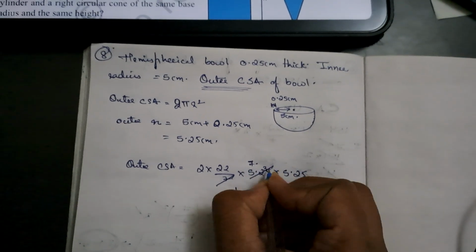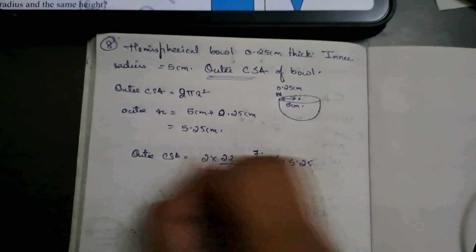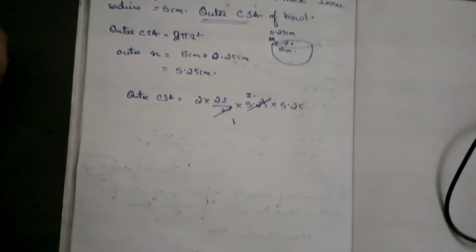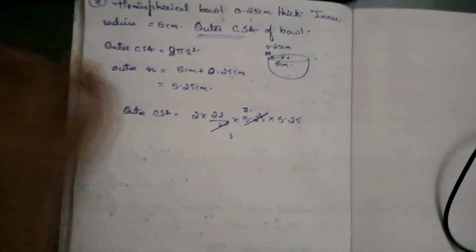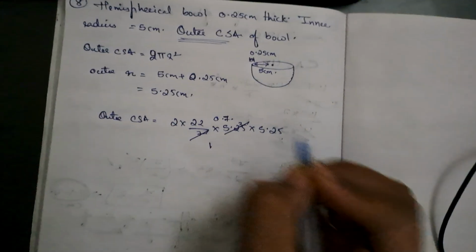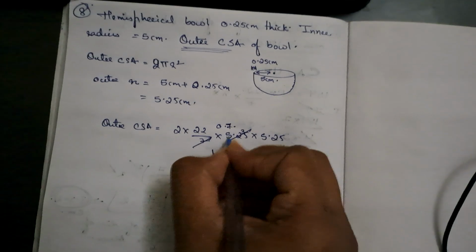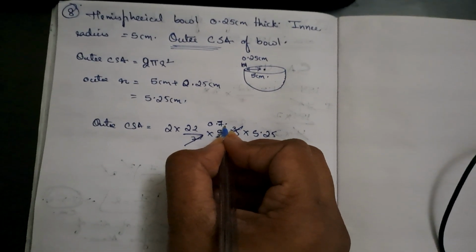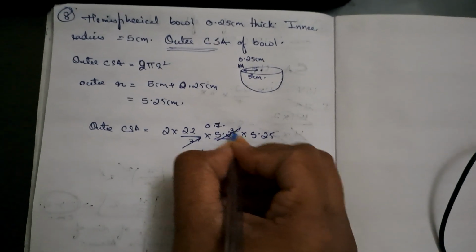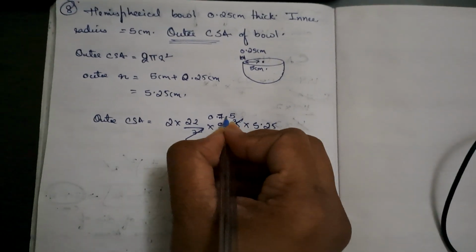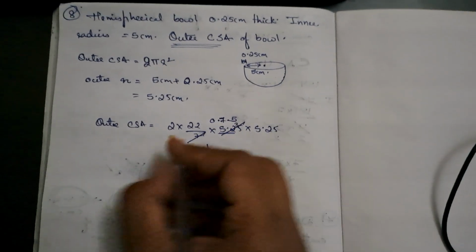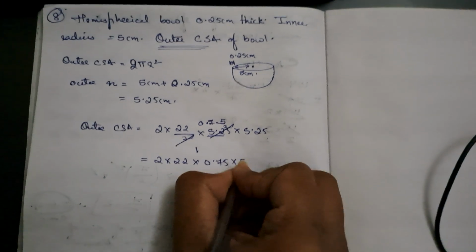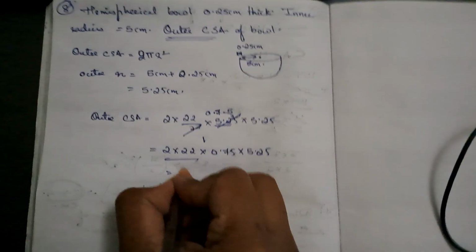So put a decimal. 5.25 divided by 7 becomes 0.75 actually, because we are not considering the full 525, there's already a decimal coming in here. 7 5s are 35. Okay, so it is 0.75. So you have 2 times 22 times 0.75 times 5.25. Fine. This becomes 44 times.